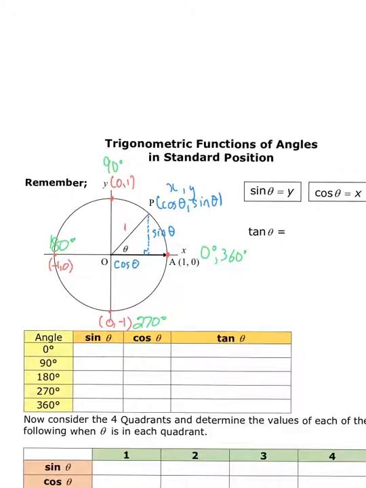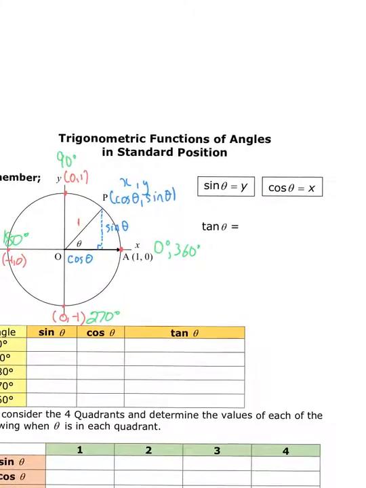So we have talked about sine θ and cosine θ, but we have not talked about tan θ. Tan θ, we know, is the opposite over adjacent. And just like when we looked at sine and cosine for the first time in the unit circle, from this angle, the opposite is our y value, and the adjacent is our x value. So it's y over x.